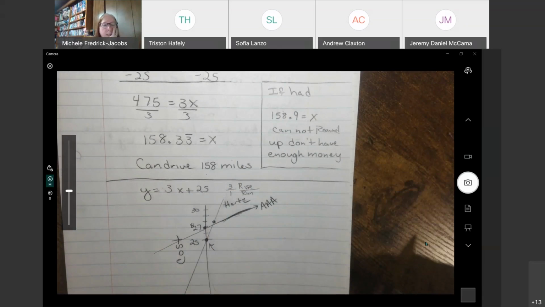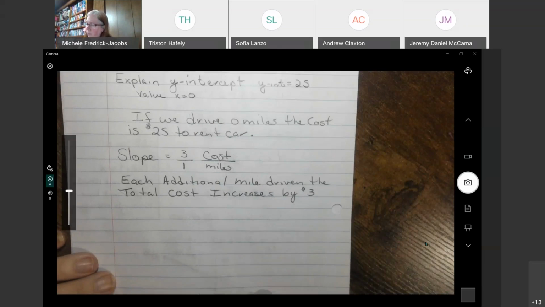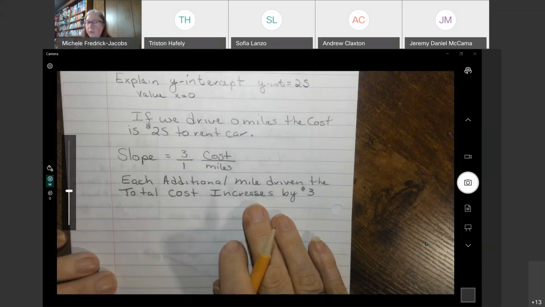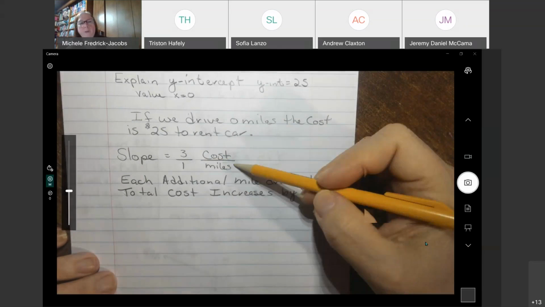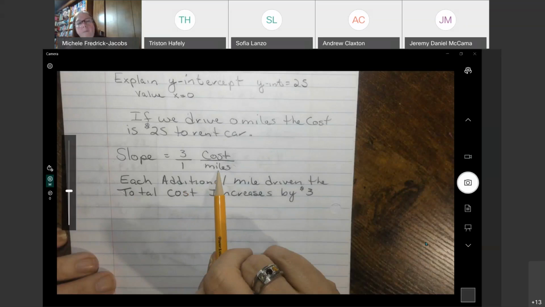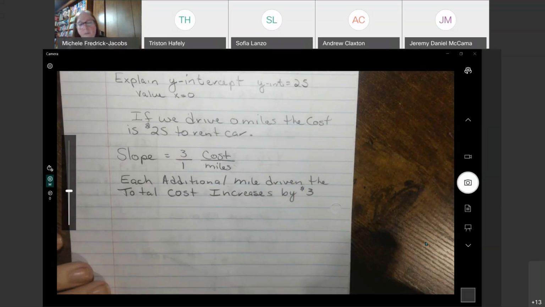Any questions on that? Okay. Any questions on this part? So when you're doing this, always look at your X first. We're increasing by 1 mile, and our cost, because it's positive, increases by $3.